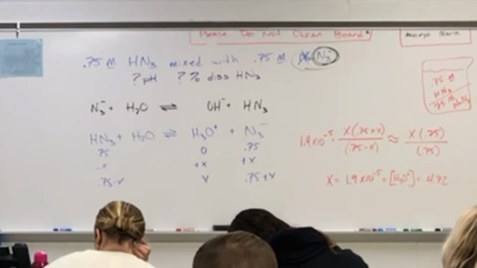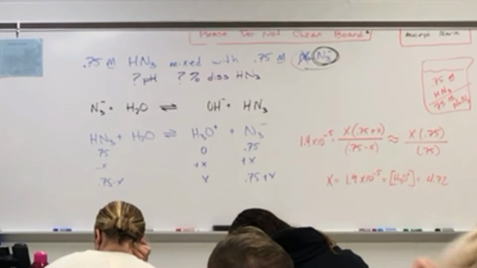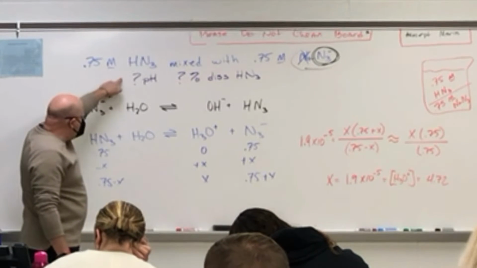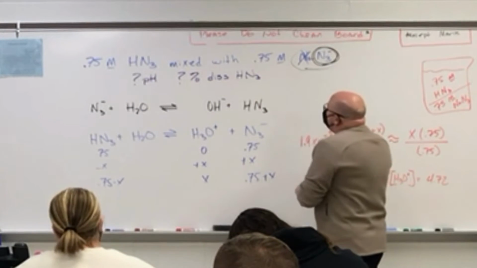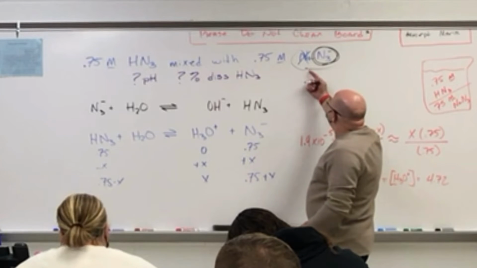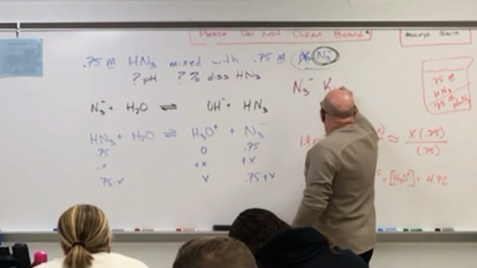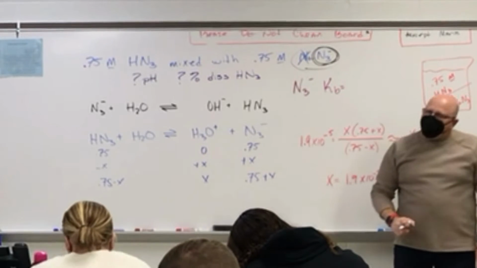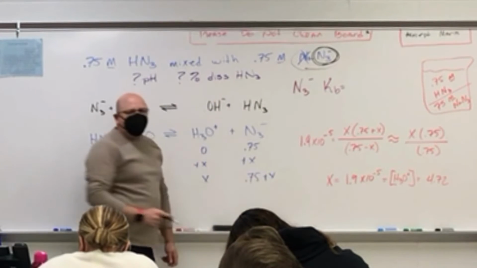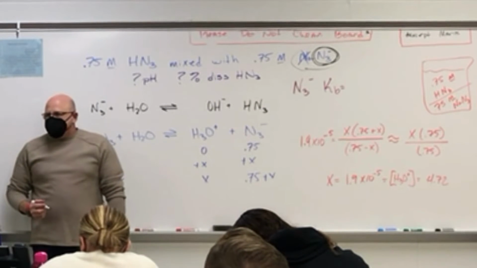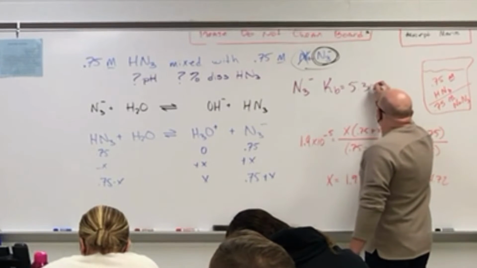Now, we could also go back and simply look at the K values. We got the Ka for our hydrazoic acid. What is the Kb value for the N3 minus? We take 1 times 10 to the negative 14th divided by 1.9 times 10 to the negative 5th, which is 5.26 times 10 to the negative 10.